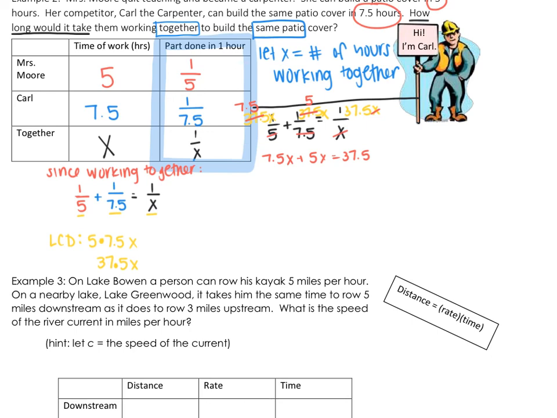Now on the left, I've got two like terms, 7.5x and 5x, so I can combine those, add them, and get 12.5x.